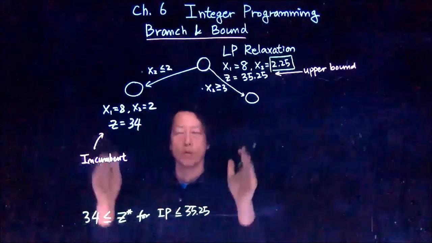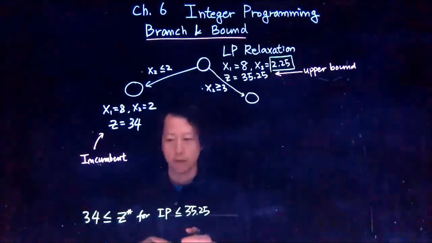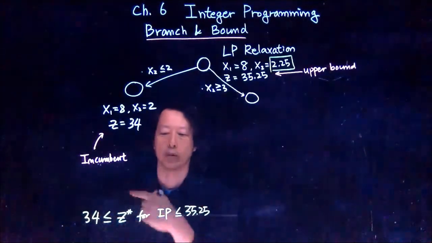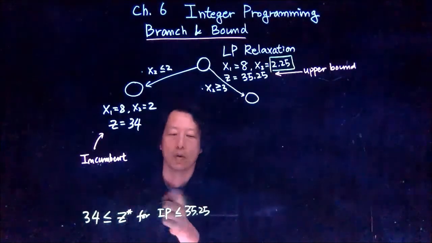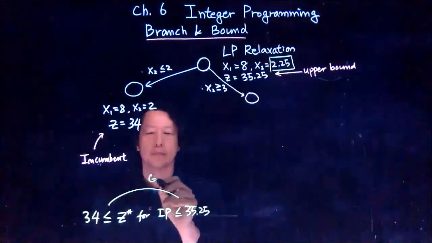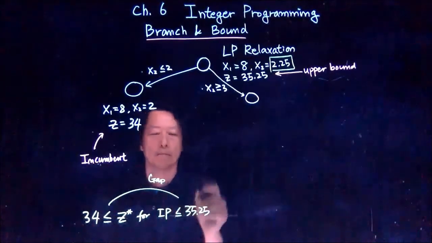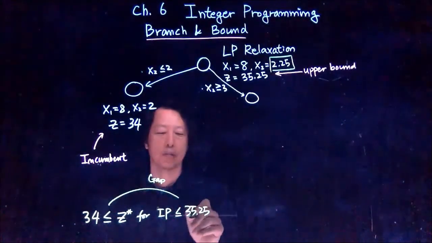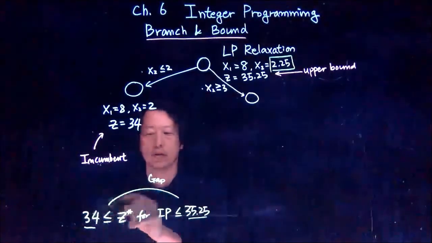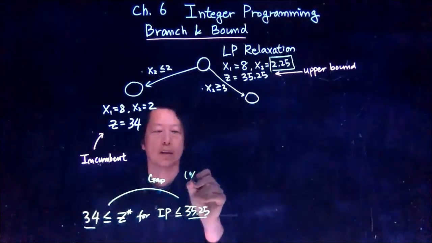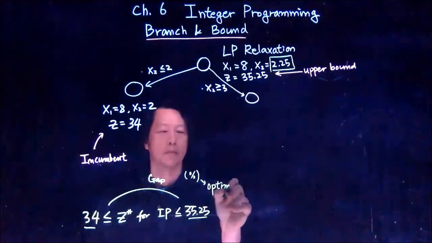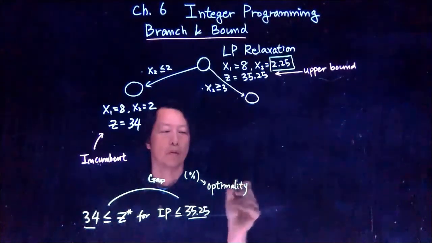So when we solve only these two LP relaxation problems, we can get some idea of where our optimal objective function value will be located. Then we calculated the gap here, and we divide by the number here. This is a maximization, so we consider this number, and then we calculate the percentage. That percentage is what we call the optimality gap.